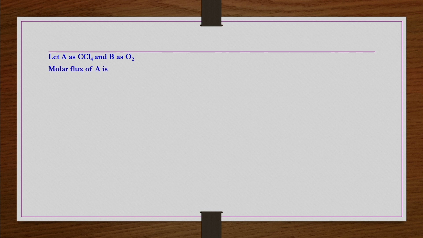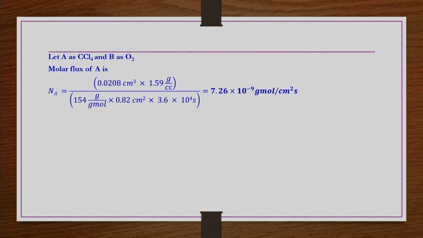Then the molar flux of A, Na, is 0.0208 centimeter cube per 10 hours. Ten hours is 3.6 times 10 to the power 4 seconds, and we need the flux in gram moles per centimeter square second. The flux is given indirectly in centimeter cube per time, so we convert it into the required units.